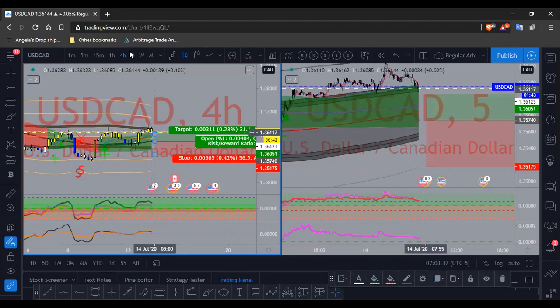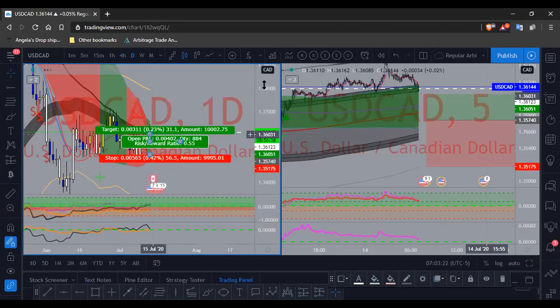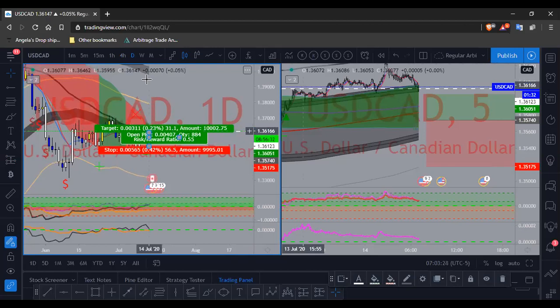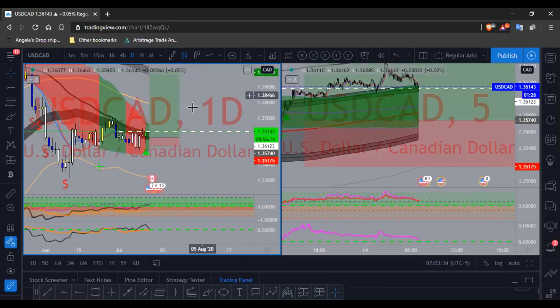But then again, on the daily time frame, because this is what I'd be basing my trade off of. If we're going off of the daily, you could potentially take price all the way up here, and that's about 400 pips, but that's for a swing again.